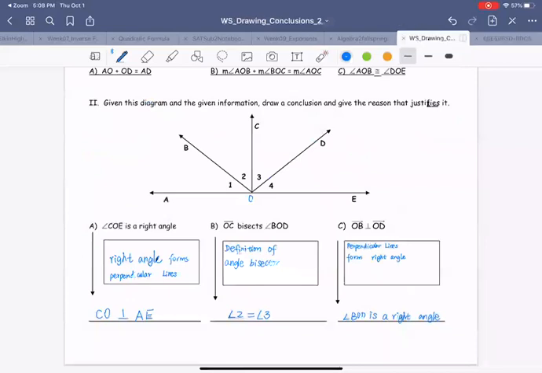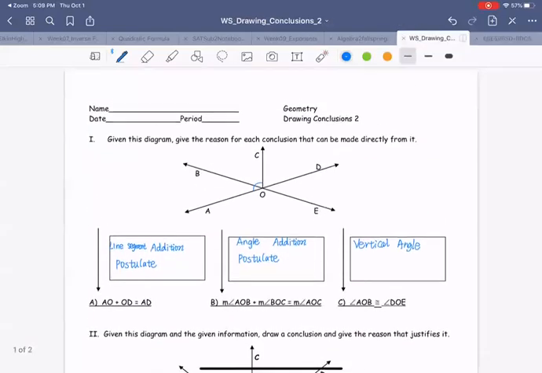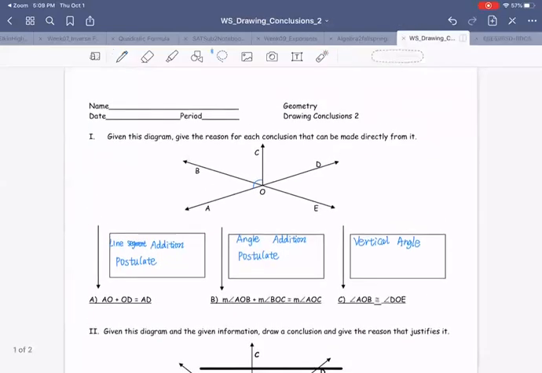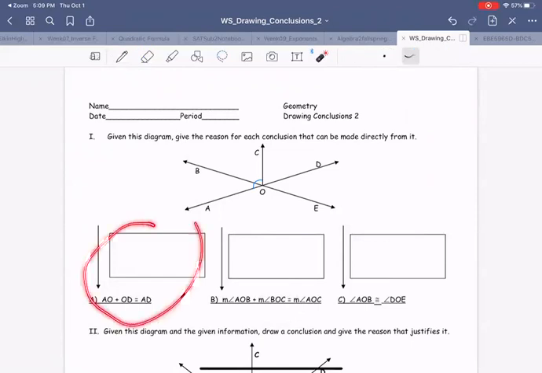Now let me check you over this one more time, okay? Tell me the first one, second one, third one. Say it. So AO plus OD equals AD.